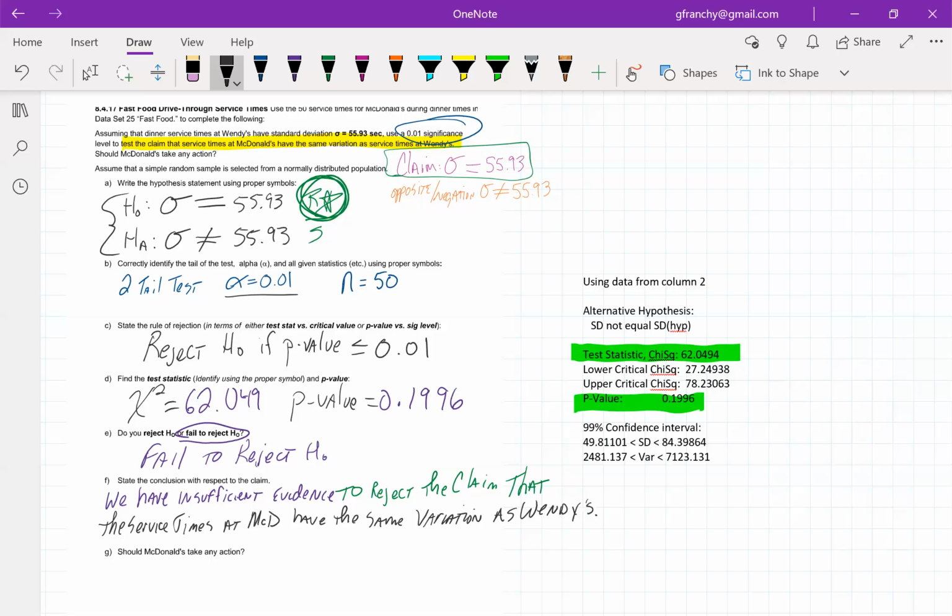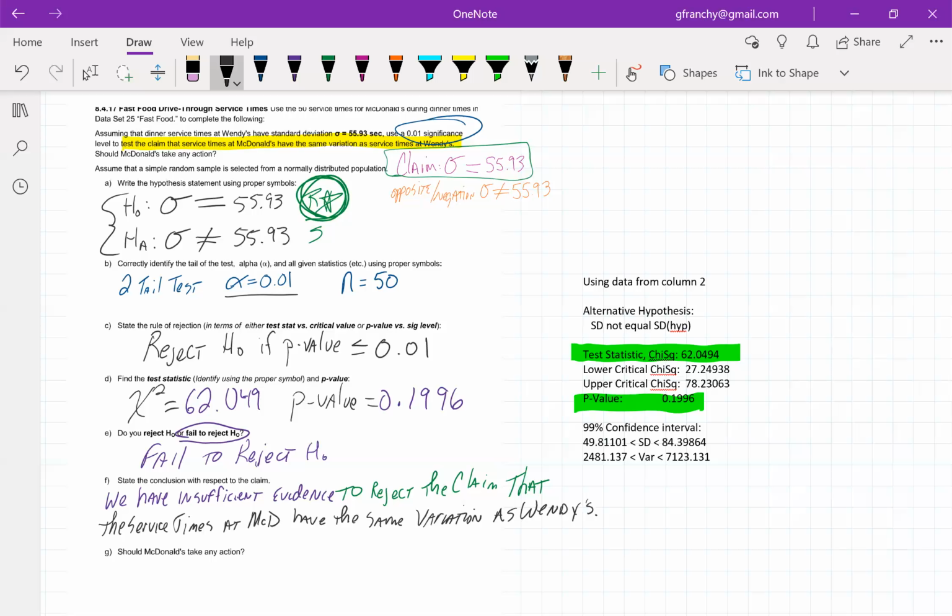And again, this is variation. It's not how long people are waiting, it's the spread of how long people are waiting. So I would think that McDonald's would want to be comparable to their competition, if not more consistent. So if their standard deviation was less than it, they'd probably be happy.